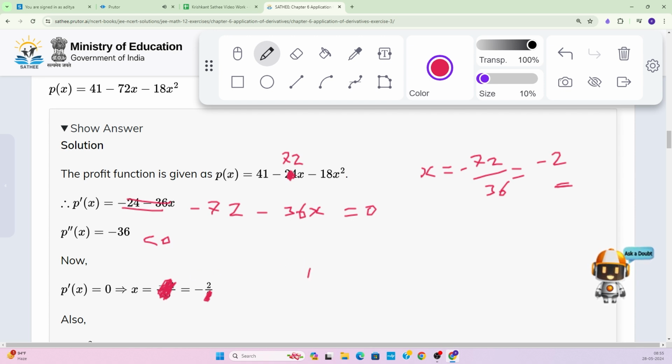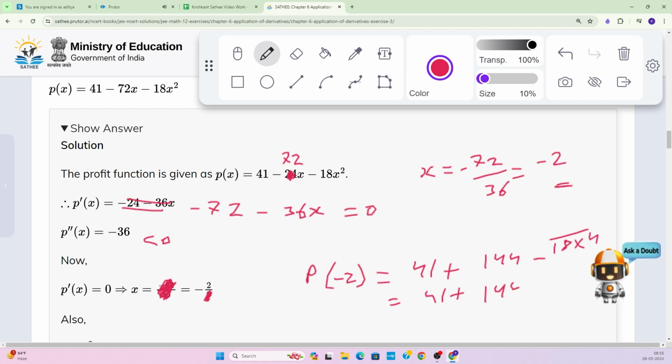Clear? Now P of minus 2 will be 41 plus 144, and minus 18 multiplied by 4. Let me first simplify this: 41 plus 144 minus 72.